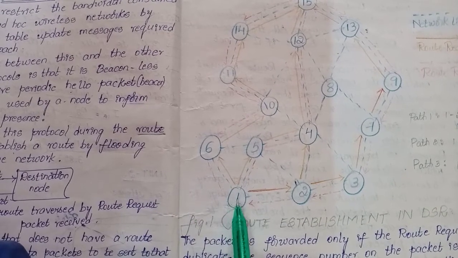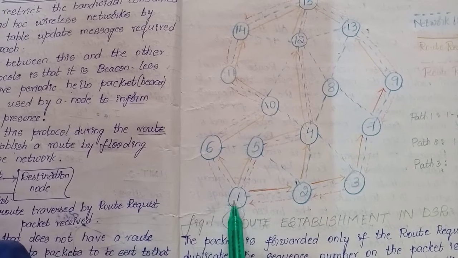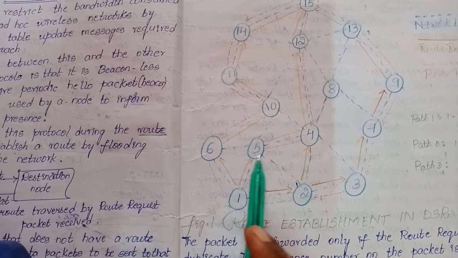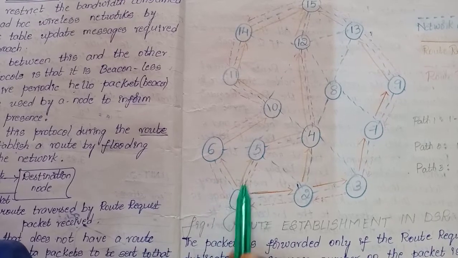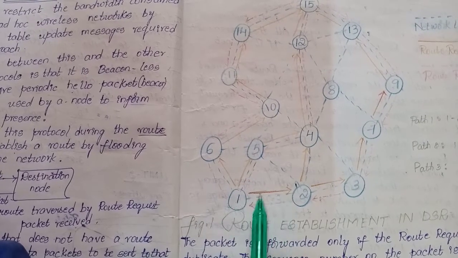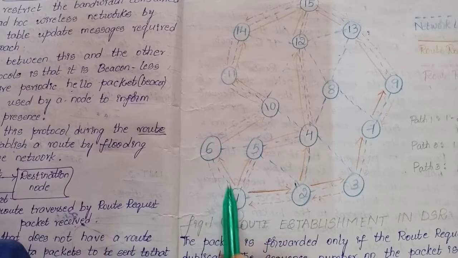Here node 1 will send the route request packet to node 2, node 5, node 6 at the same time. See, this orange line indicates route request packet sent. I hope you understand it.